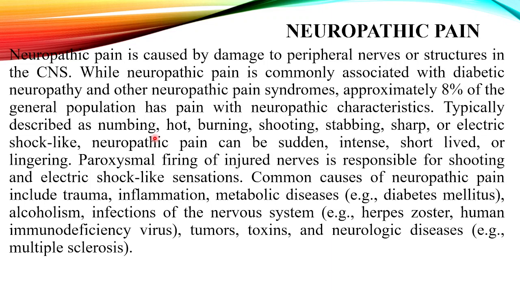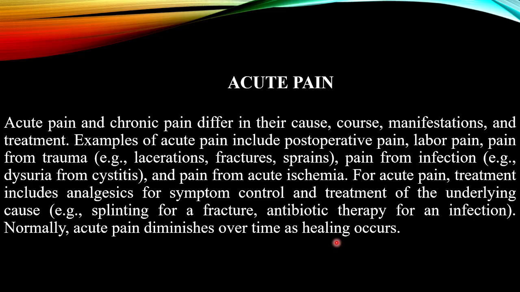About 30% of neuropathy cases occur due to diabetes, and hundreds of other diseases, such as HIV, AIDS, alcohol use disorder, tumors, toxins, neurologic disease, multiple sclerosis. So, whenever our peripheral nerves or structures in the central nervous system are affected, neuropathic pain occurs. So, this is neuropathic pain.